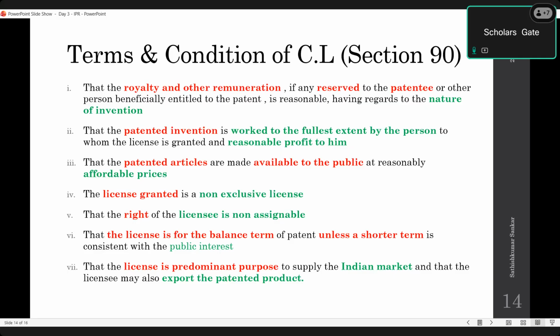Once the compulsory license is granted, the licensee can cover the Indian market, and it is possible to export the patented product to foreign countries also. It depends on whether the licensee is capable of exporting the particular patented invention, so it can be possible.